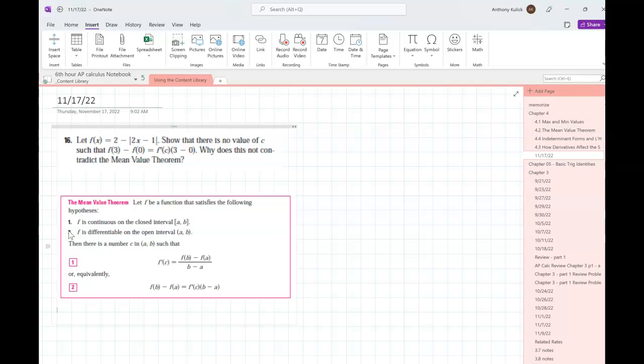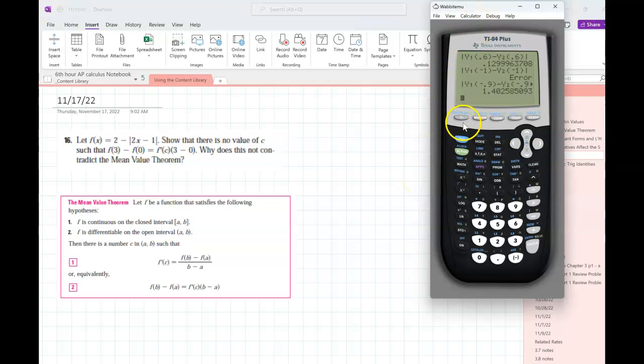It's because this function is not differentiable somewhere on there. So the easiest way to sort that out is just to graph this guy. And the graph would be a natural way to look for where that corner is.